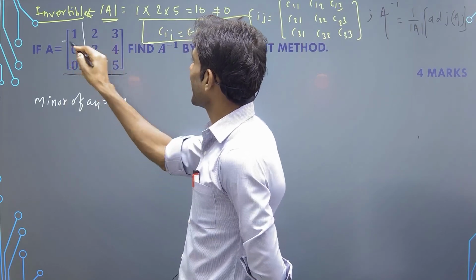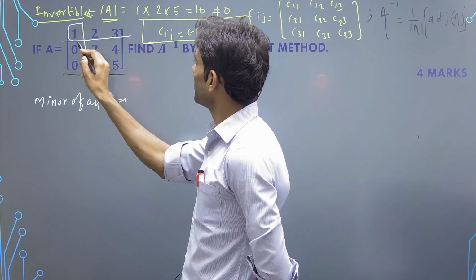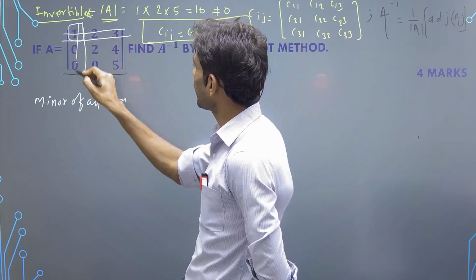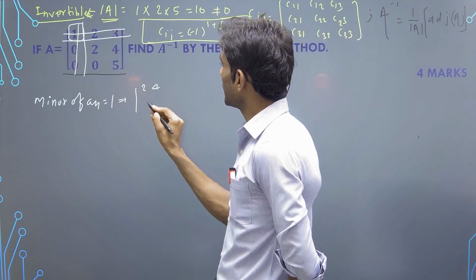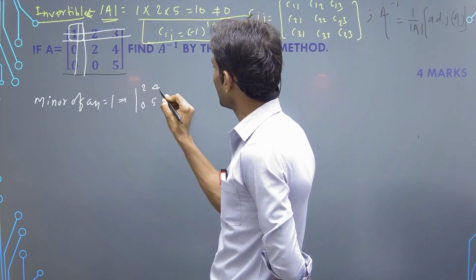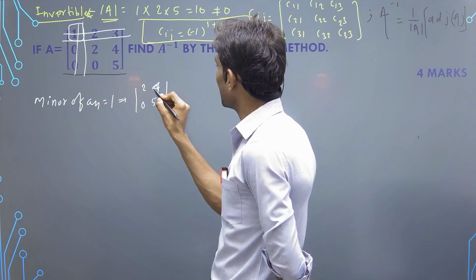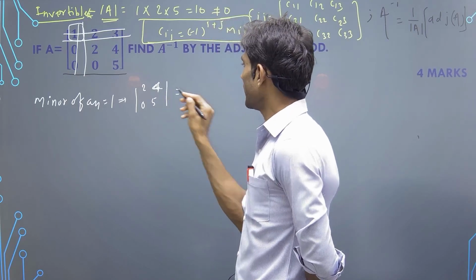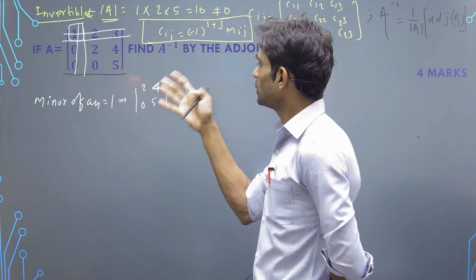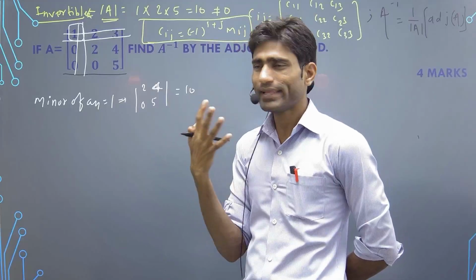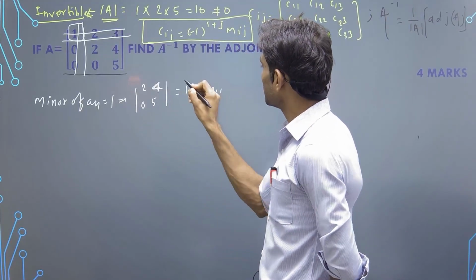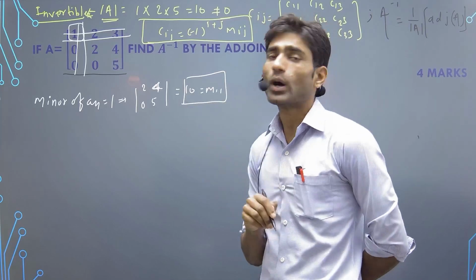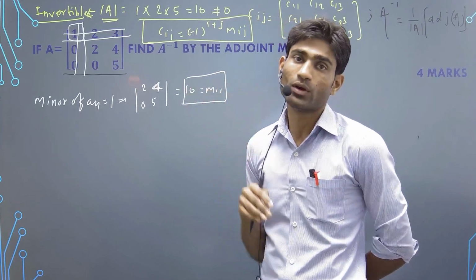Make the bracket for 1 and delete its entire row and column. The remaining elements are 2, 4 and 0, 5. So 5 twos are 10, and 0 into 4 is 0. That means the minor of 11 is 10. So we got the minor of our matrix's first element as 10.